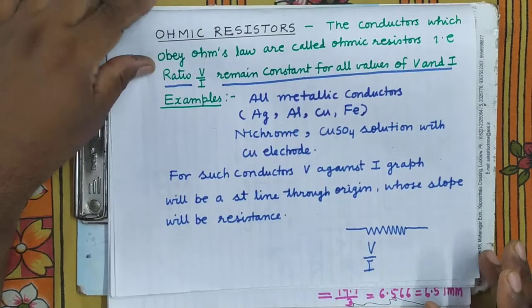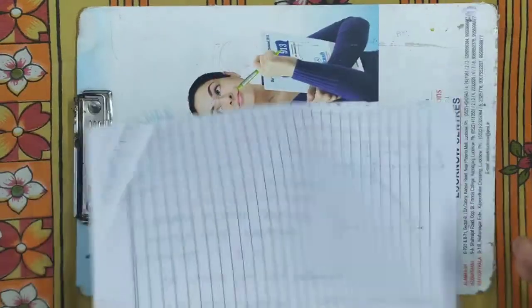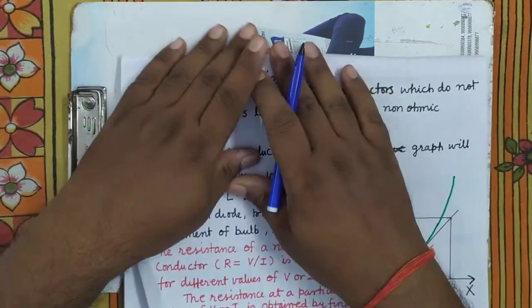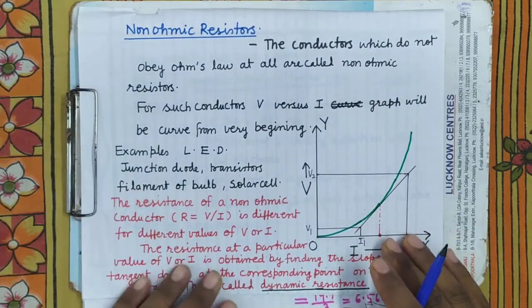Now, what are the non-ohmic conductors? For example, if we draw the same graph for a junction diode or a transistor, we will find that their V versus I graph will not be a straight line. It will become curved from the very beginning.